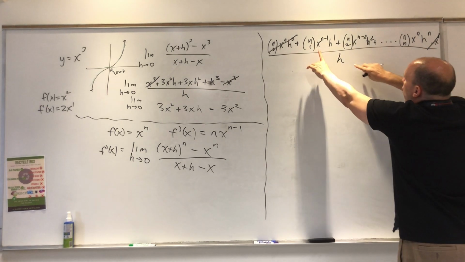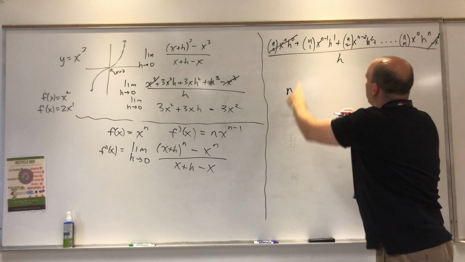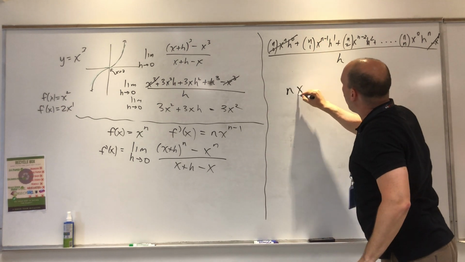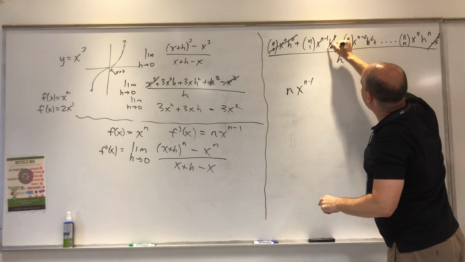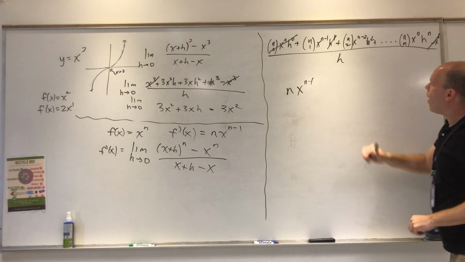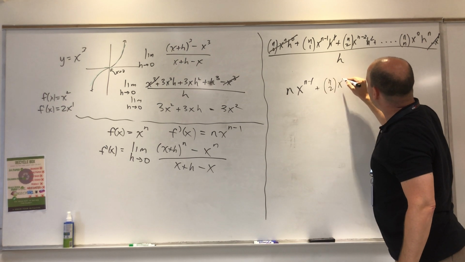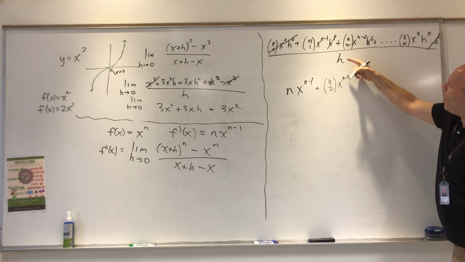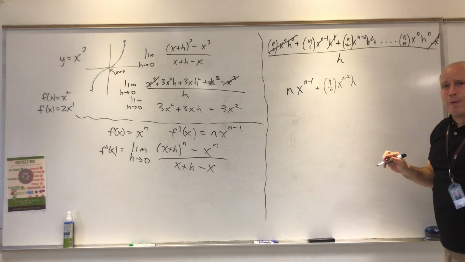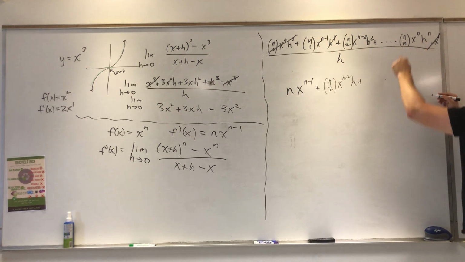Well, if you notice here, I have n choose 1, which is n, x to the n minus 1. This h goes out with this h, right? Plus n choose 2, x to the n minus 2, h squared over h, well that leaves me with an h. And all of these terms still have an h in there.